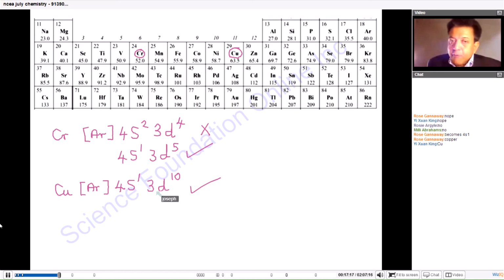It's not going to be 4s2 3d9. So the easy way to remember this, it's two of the things that start with C, chromium and copper. Forget about the cobalt, that's all normal with cobalt, the way the electrons get distributed. But with chromium and copper, the 4s2 switches over to a 4s1 with that extra electron going into the d orbital.